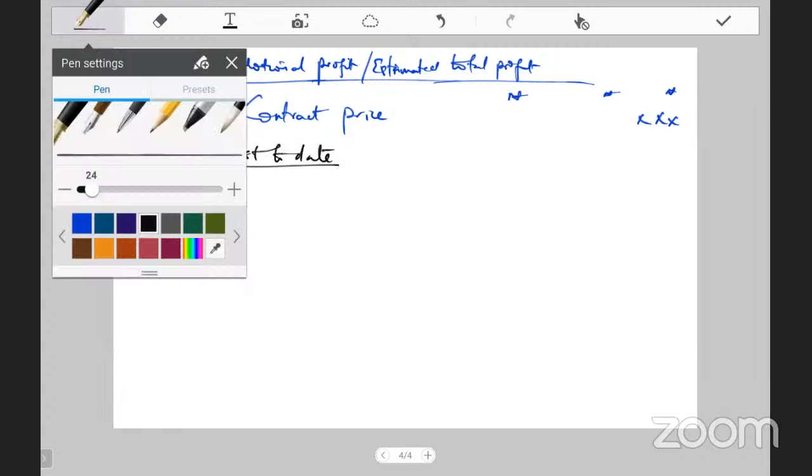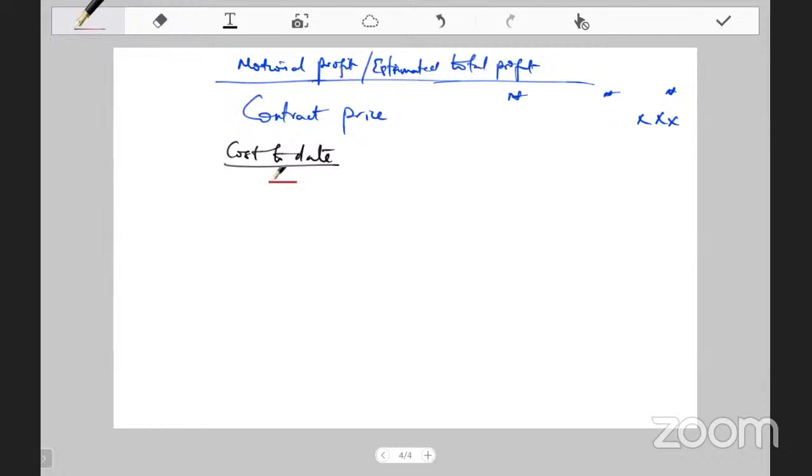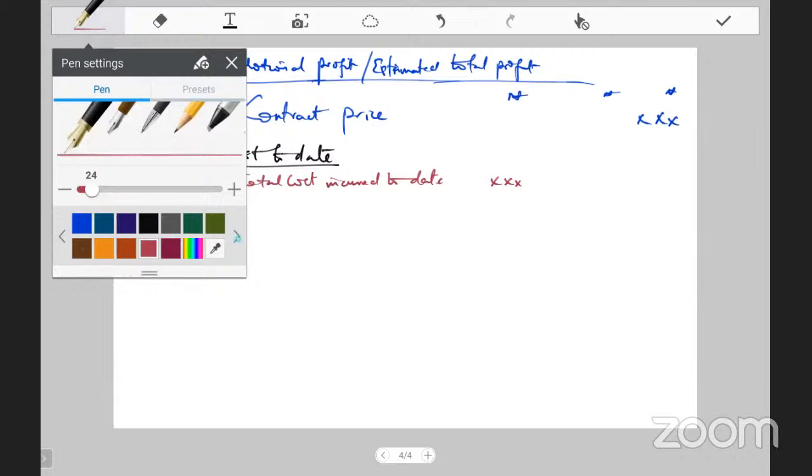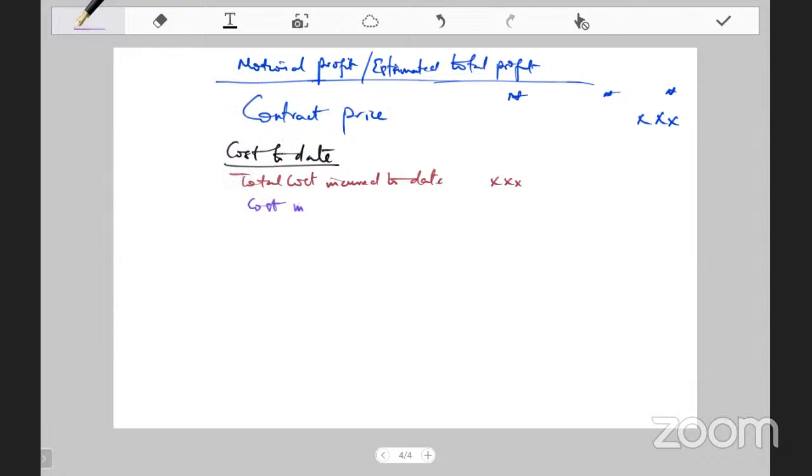Our cost to date is made up of two pieces of information: the total cost incurred to date, that means whatever is the total amount that we have spent to date, less whatever is the cost that we have incurred but not utilized.